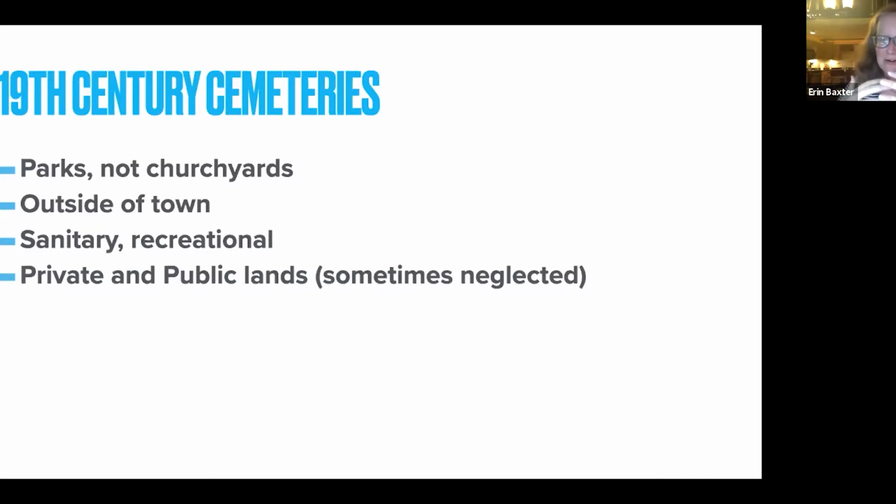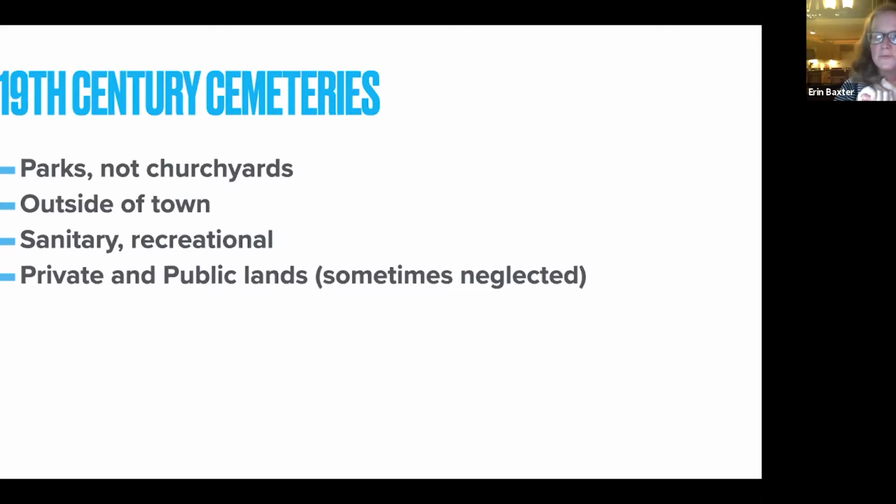basically sanitary and salubrious, because there was a notion that as these churchyards filled up, and I spent a year in Ireland digging some cemeteries, sometimes people were 8 and 10 and 12 deep in churchyards, and they just were at capacity. So there was a conscious effort on the part of mostly Christian church leaders at the time to say, we're not going to have them in churchyards. We're going to make them outside of town. We're going to make them sanitary.